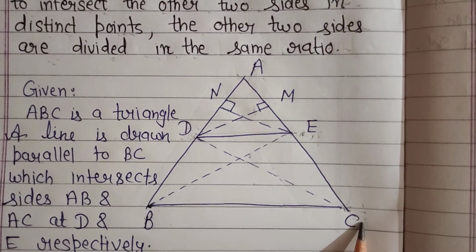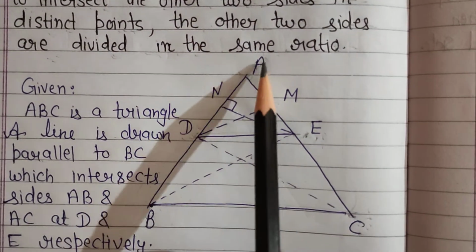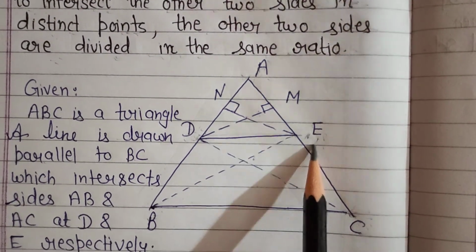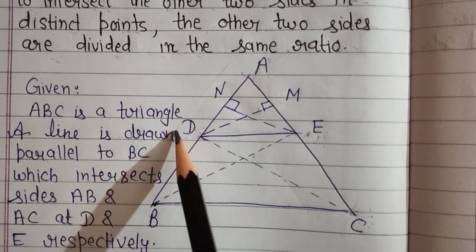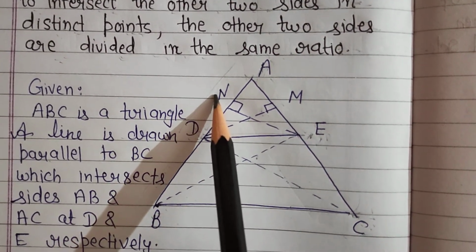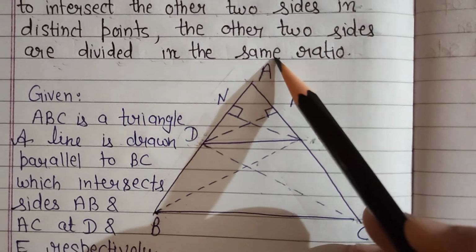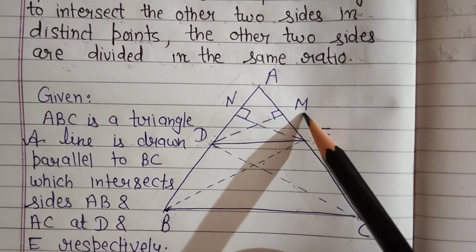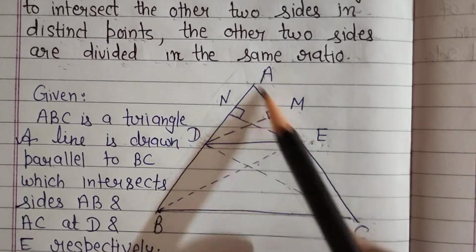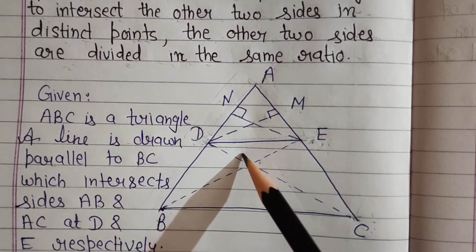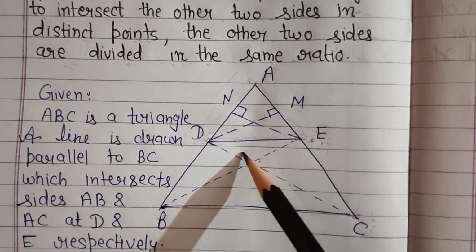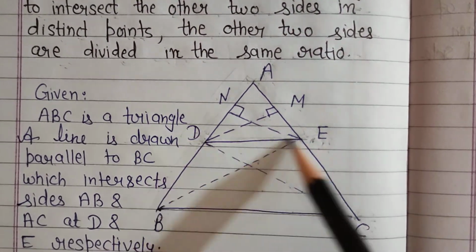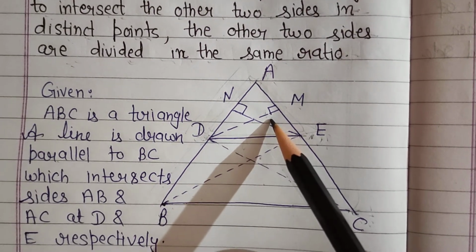We will take the area of triangle ADE two times: one by taking AD as a base and EN as a perpendicular, and the second time AE as a base and DM as a perpendicular. But the area will be the same in both cases. It doesn't matter how we are finding the area, the figure is one, so their areas will be the same.